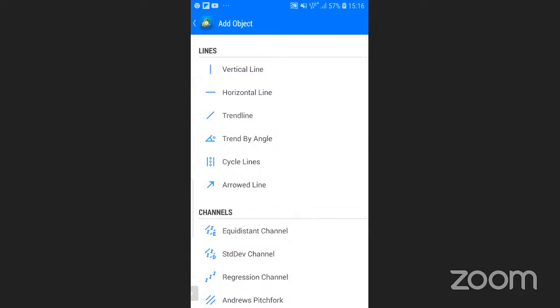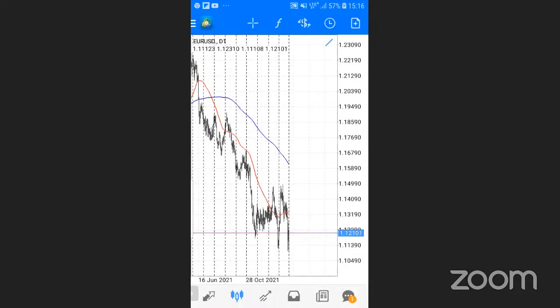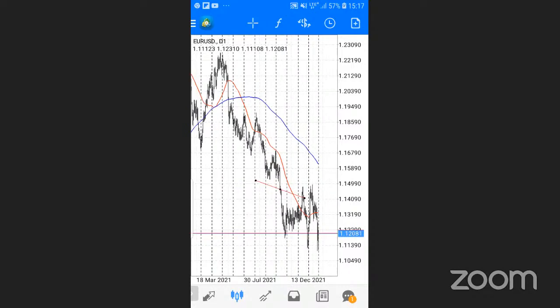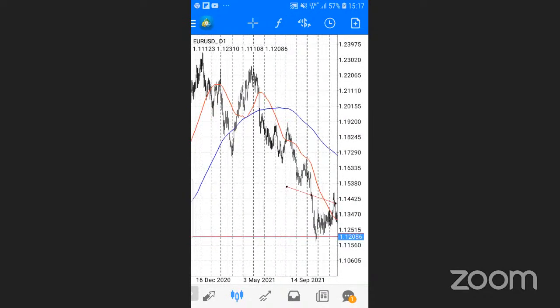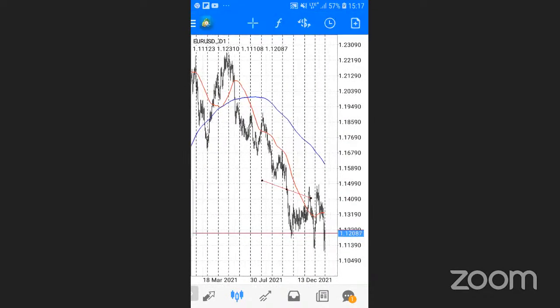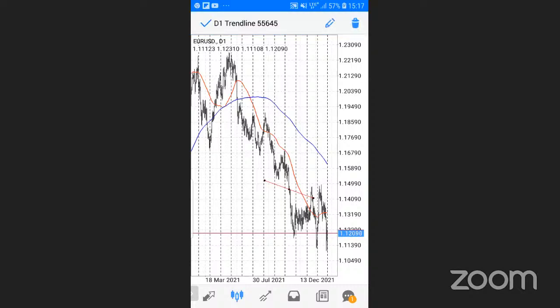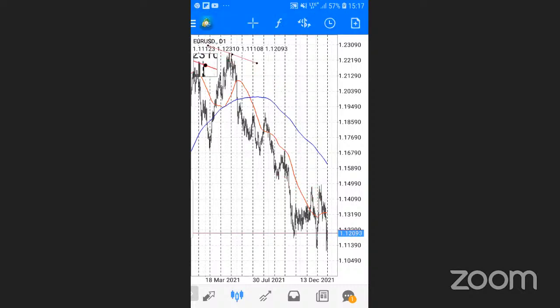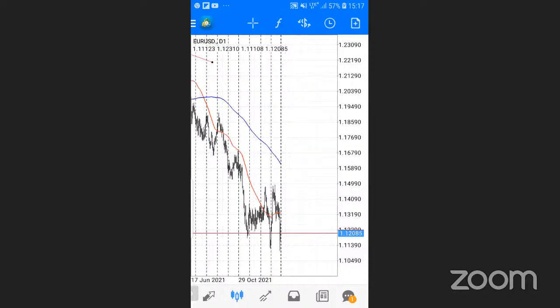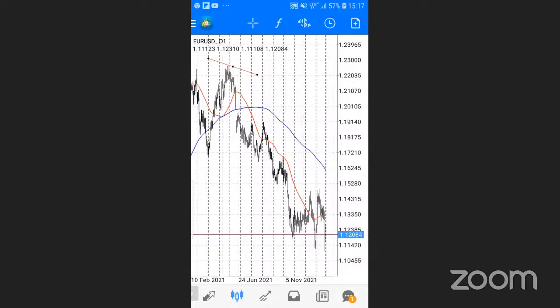Now, for a trend line, you tap on your screen, come to this triangular icon, click on trend line. You've picked it. Where you see it here, that blue line is the trend line. Now, if you bring it to the chart, look at it. You can always pick it and drag it. Now this will hold it. Now it's highlighted. That means I can always tap at the edge of this highlighted box.